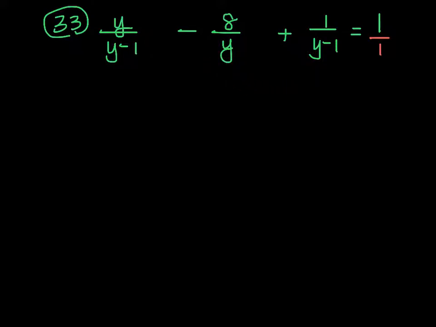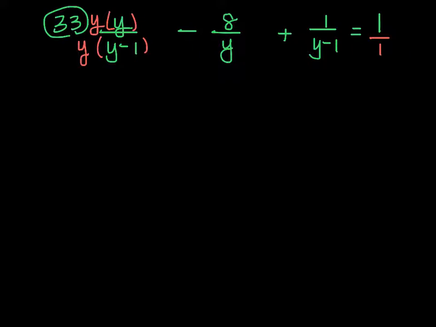So when we're trying to find a common denominator, we want to make sure that we represent both the monomial y and the binomial y minus 1. So this first denominator, we're going to multiply by y. And remember, what we do to the denominator, we also have to do to the numerator.